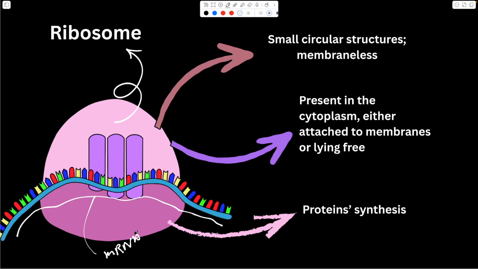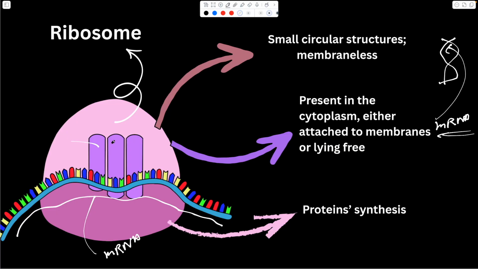We'll not learn about mRNA today, but for example, this is DNA again. These codes are copied in a structure known as mRNA. So the ribosome uses the instructions in the mRNA to produce protein.